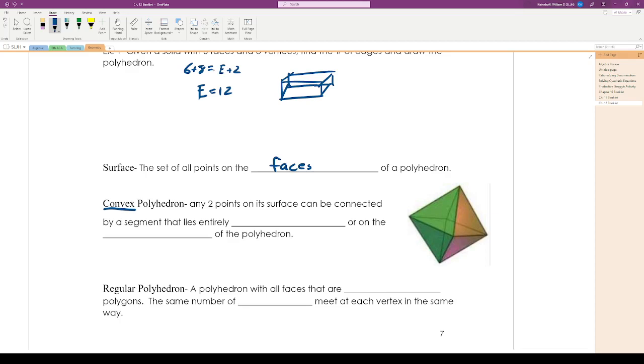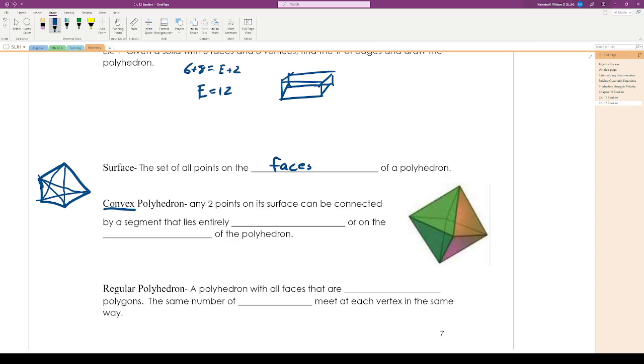So remember, a convex polygon, we had several ways of defining it, but one of them was that when we connect any 2 of its vertices, the diagonals all remain in the interior of the shape. So if I connect all possible diagonals throughout the entire shape, all of them are 100% inside the shape.